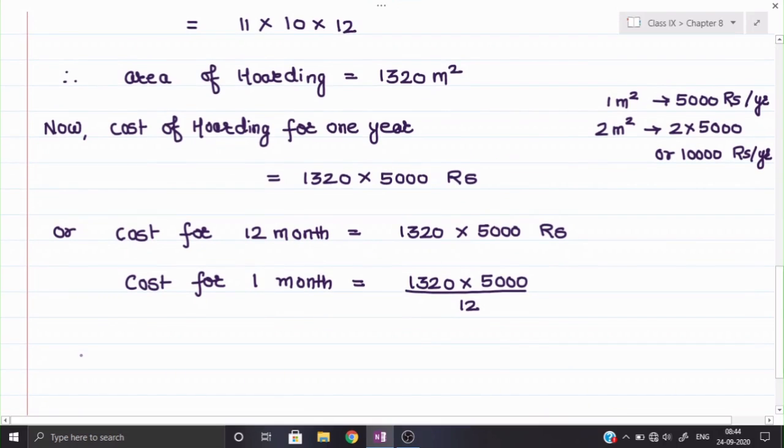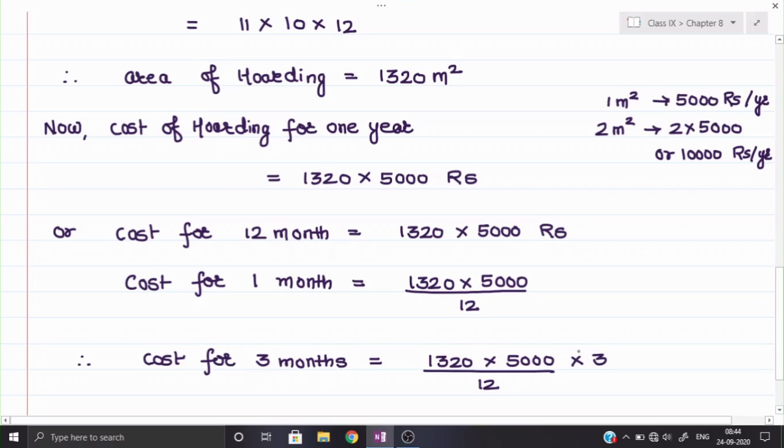So at last we will write, therefore, cost for 3 months. For 1 month we got the cost, and if we require it for 3 months we shall simply multiply by 3. So 1320 into 5,000 divided by 12 multiplied by 3.